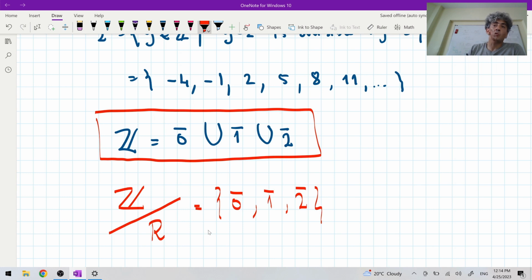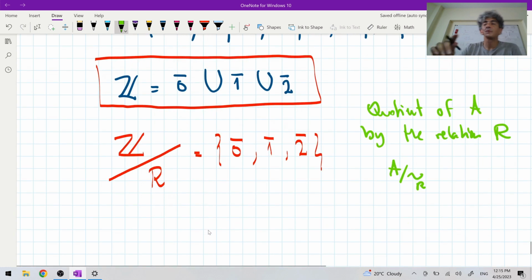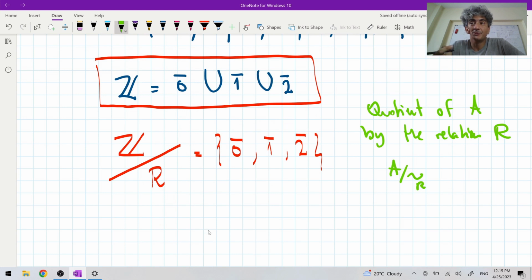This is also known as the quotient of A by the relation R. Sometimes it's written like this, and it's also called the quotient set. The quotient set has elements being the equivalence classes.